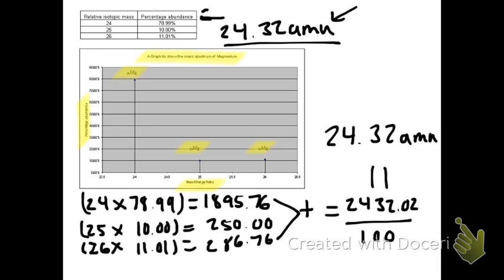And so again, all we need to do is take the mass of each of the isotopes, multiply it by its percent abundance, and then we add those numbers together, divide by 100, and that will give us the relative atomic mass. You need to be able to do this calculation for the quiz that we take in class on this lecture.